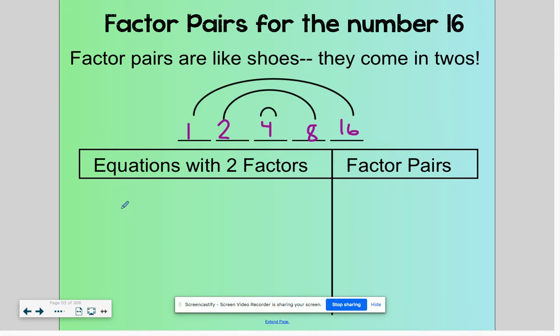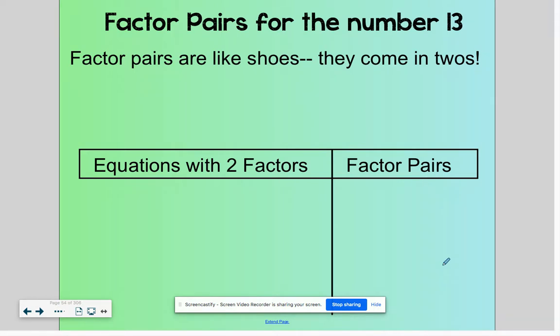So this would be 1 times 16 and 16 times 1, 2 times 8 and 8 times 2, and 4 times 4. So for the sake of time, I'm just going to write out our factor pairs. And we would say 4 and 4, and that would just be one equation. You don't need to do the turnaround fact for 4 and 4 because it would be the same.